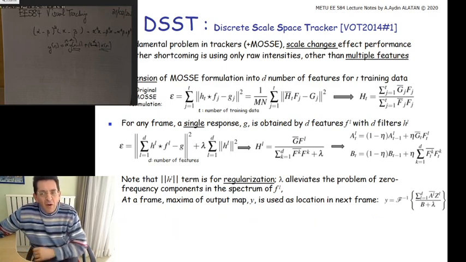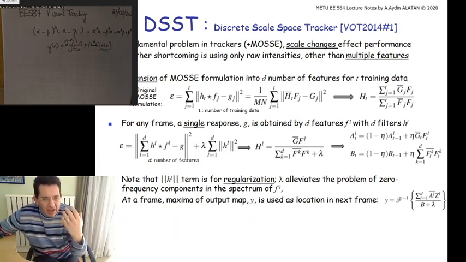And now I'm going to add all these things to each other. Please note here, this summation is L=1 to D. For filter 1, filter 2, filter D, I multiply with the corresponding Z's and add them up, and I obtain the final response for the multiple features.